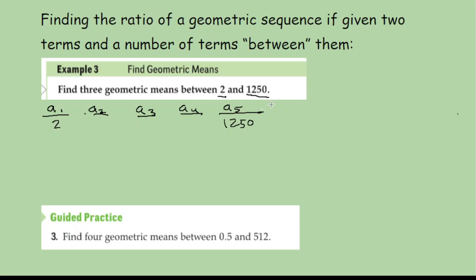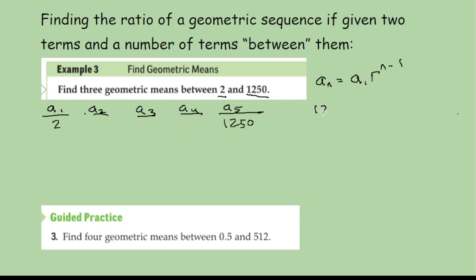And now, believe it or not, I have enough information to figure this out because I'm going to use this a_n = a_1 r^(n-1) equation. My a_n is my last term, my 5th term, so that's what I'm going to use. I'm going on the fact that there are only 5 terms, even though there might be more, but for our purposes I just want to find these.